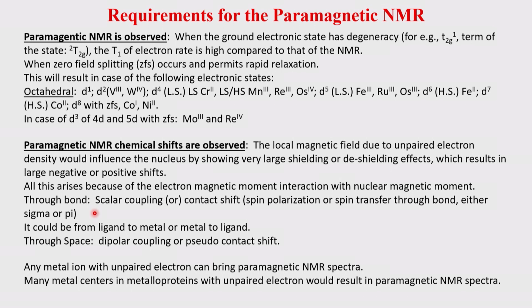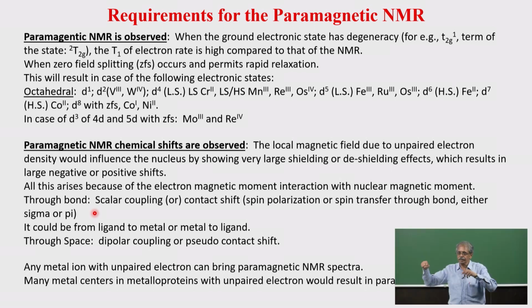the degenerate dxy, dyz, dzx, when this splits into the non-degenerate kind of things, when splitting, then again also you will have, when there is no magnetic field, that's called zero magnetic field. Even under that situation also you will find that you will have the shifting for the paramagnetic.